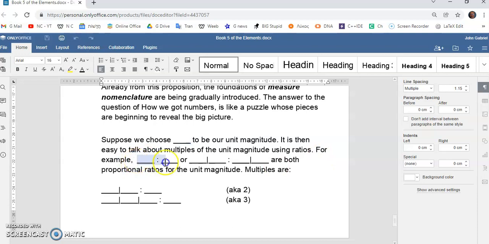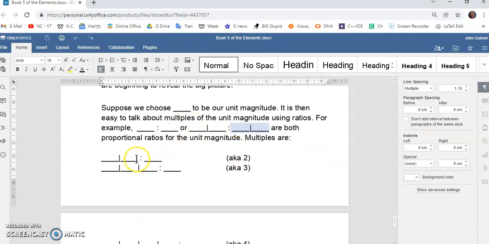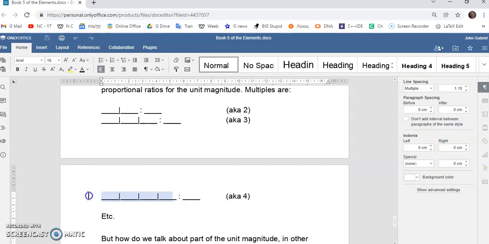For example, this could be the unit ratio, or this could be the unit ratio, okay, because both are proportional. This line is to this line as this line is to this line, the unit ratio. Okay, so multiples of the unit are shown here. This multiple of this unit is also known as 2. This is also known as 3, and this is known as 4.